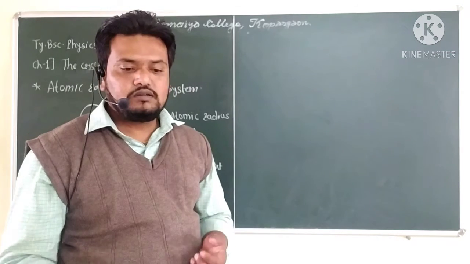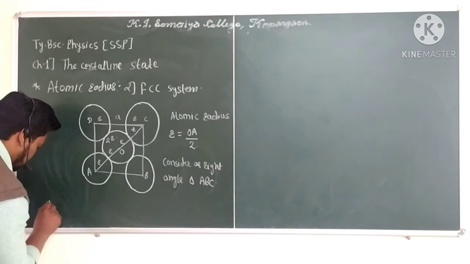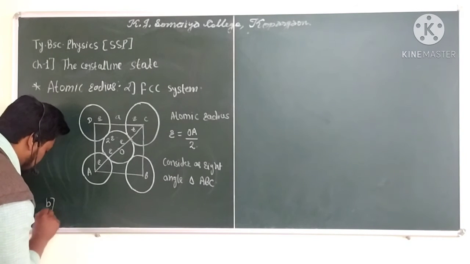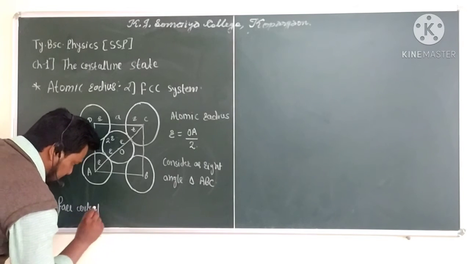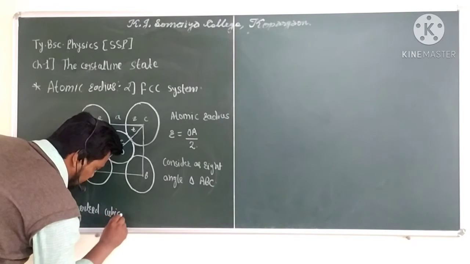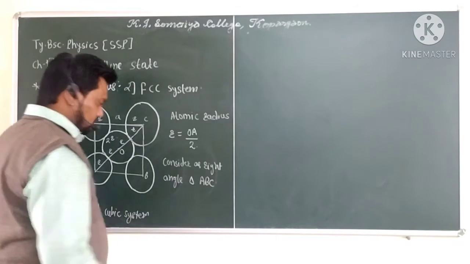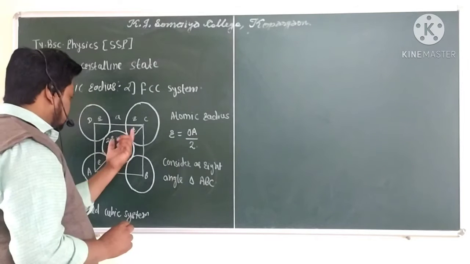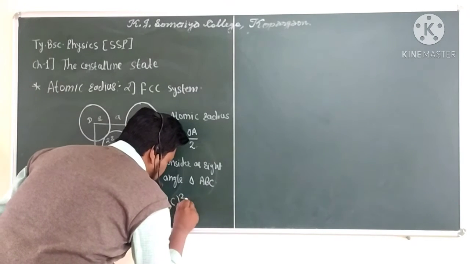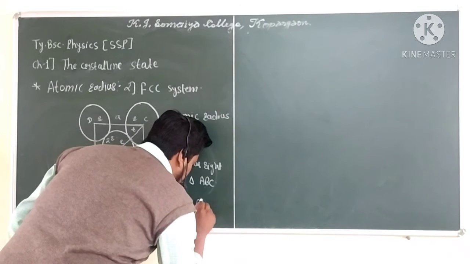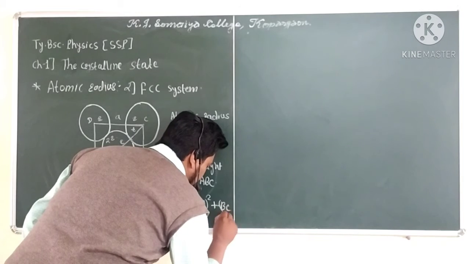According to the Pythagoras theorem, in this figure B of the face centered cubic system, we have to find the atomic radius. The relation is: hypotenuse square, that is AC square, is equal to AB square plus BC square.